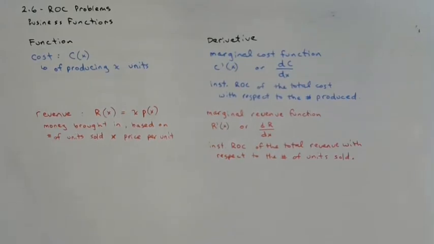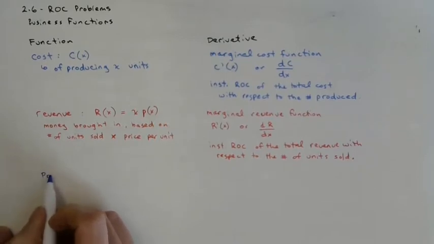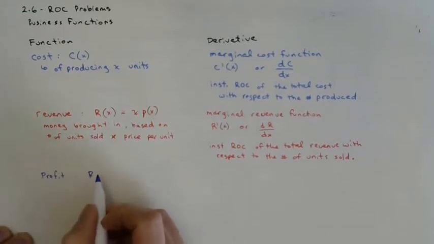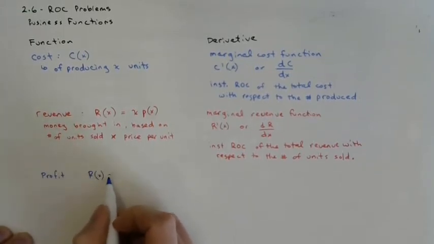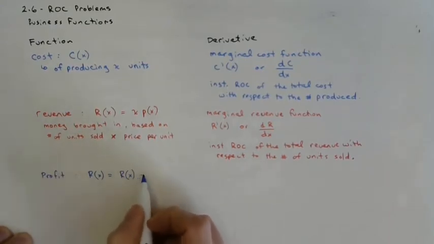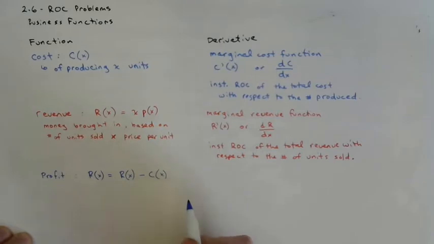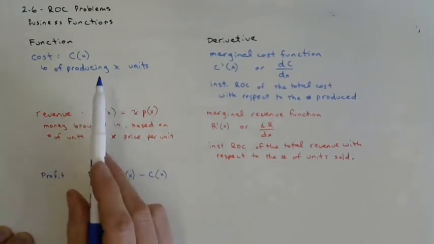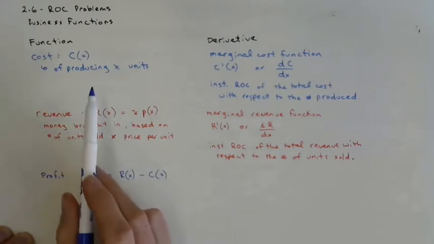And the last one we're going to write down is the profit function. Profit, P with respect to X, is your revenue, R of X, minus your cost. So it's how much money comes in minus how much money it cost you to produce or offer your service.